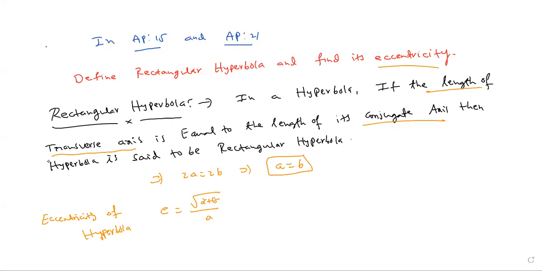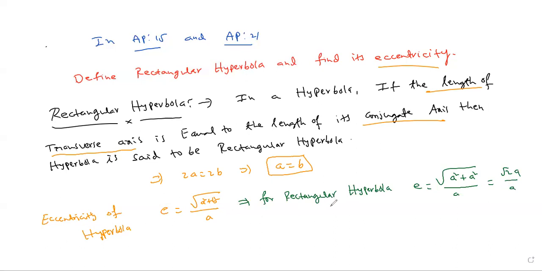And then for rectangular hyperbola, e is equal to under root a square plus a square by a, which is under root 2a square, which is root 2a by a.